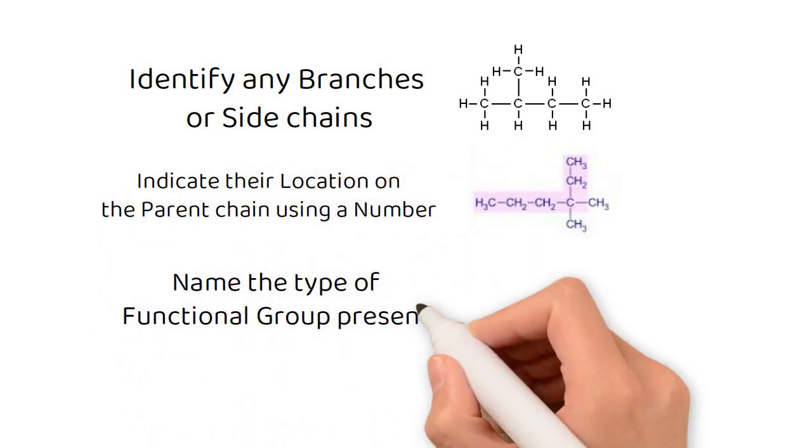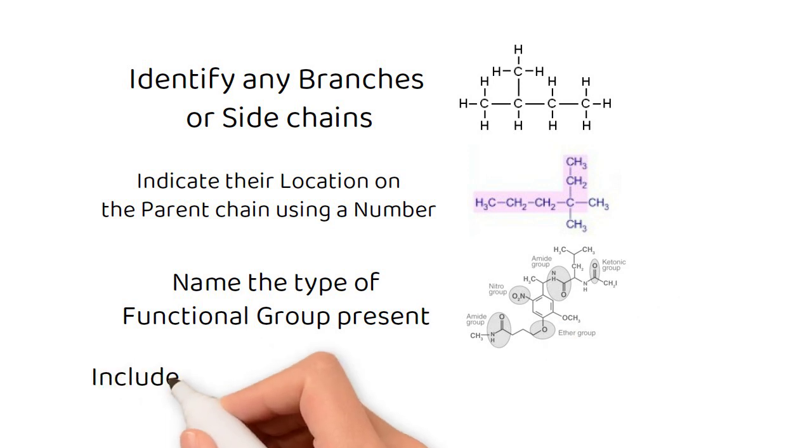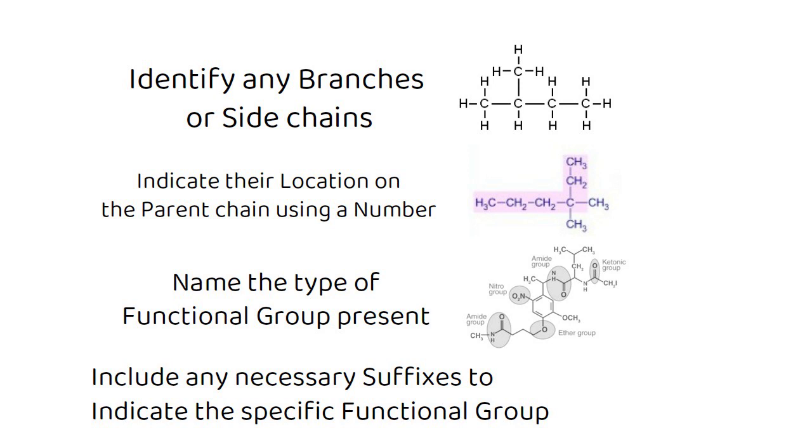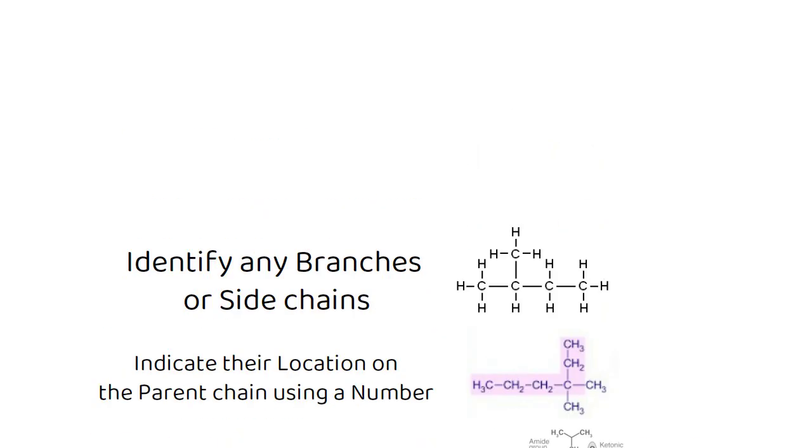Finally, name the type of functional group present, if applicable, and include any necessary suffixes to indicate the specific functional group, such as OL for alcohols or ONE for ketones.